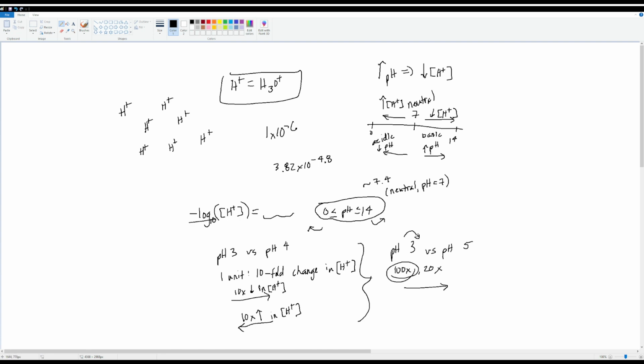Because going to 4 is 10 times, going 4 to 5 is a 10 times decrease. So we do 10 times 10 equals 100. Okay, so we're dealing with a 100 times decrease in our H plus concentration.